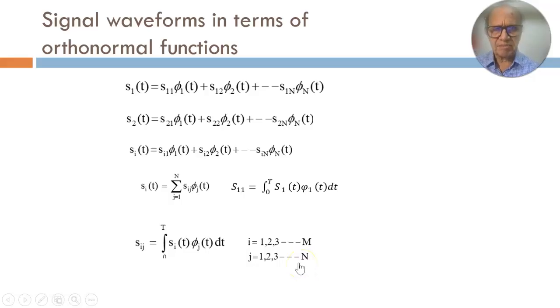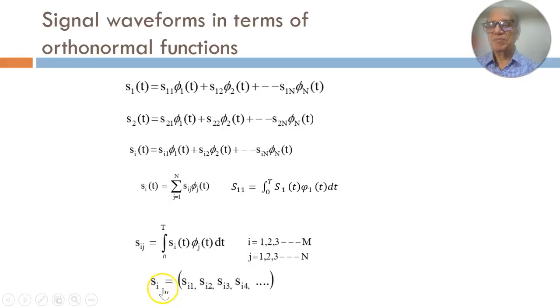The two need not be the same. Indeed, we'll see an example where we may have just two orthonormal functions and we can generate a large number of signaling waveforms using that. So this S1(t), which is a function of time, can be represented by a collection of all these coefficients.